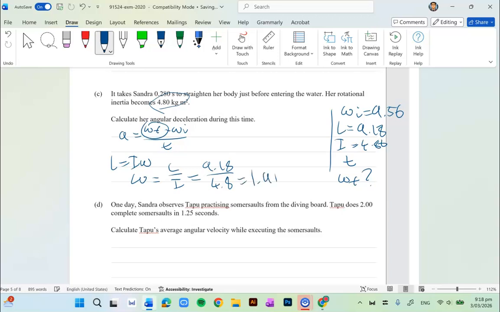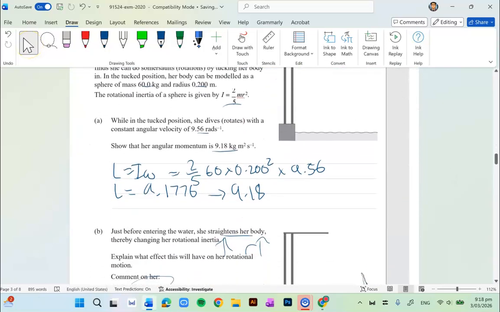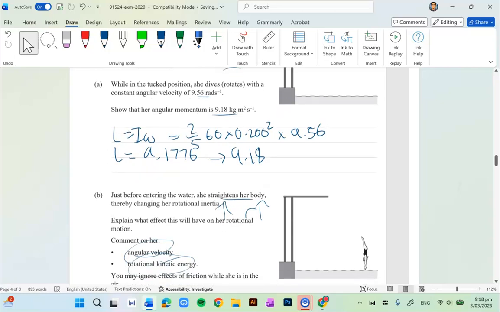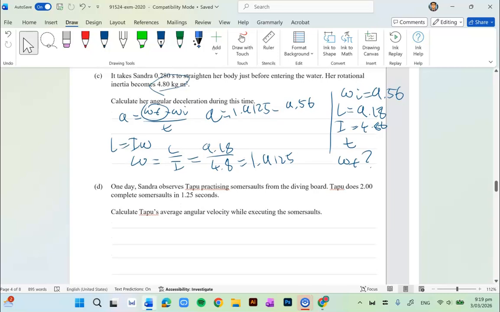That equals 1.9125. So equals 1.9125 minus 9.56. Is it? Wait, hold on. I'll just, 9.1825. That's it. Okay.